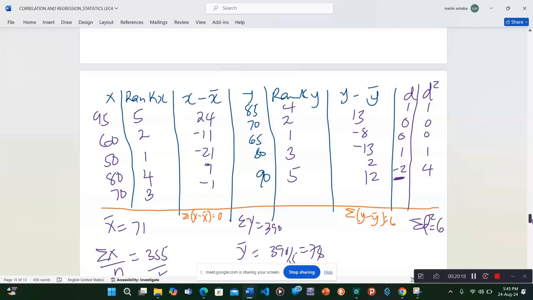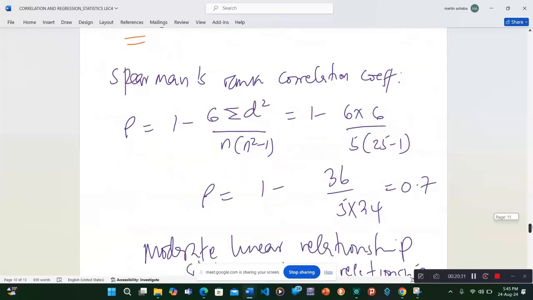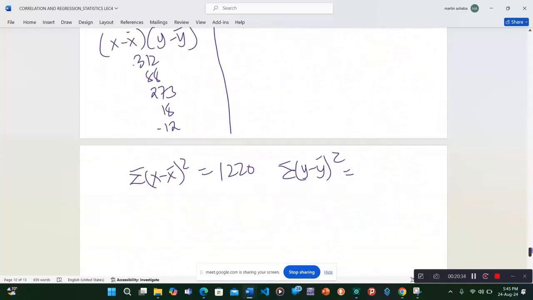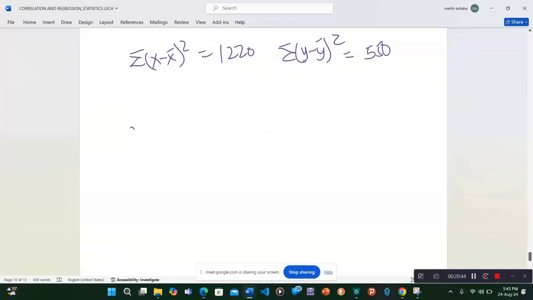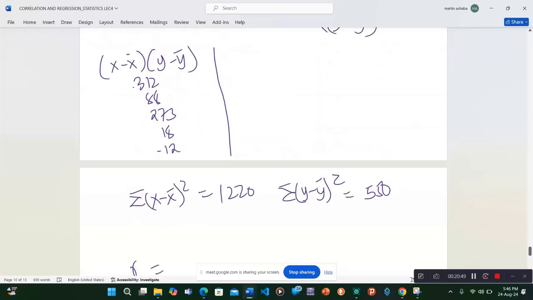Then 13 squared again plus 4 plus 12 squared. So we are getting 550. So finally, our R will equal to, what is this?